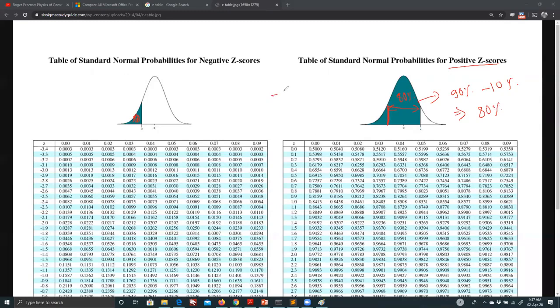Think like this: from negative infinity till some positive Z value, you are getting 90% of the population. Similarly, from negative infinity to some negative Z, you are only getting 10%. It will be balanced, so the Z value will be exactly the same. So if you subtract these two, wouldn't you get from negative Z to positive Z, which will only contain the middle 80%?